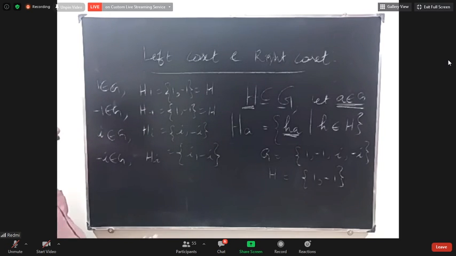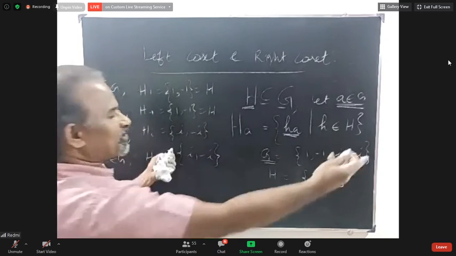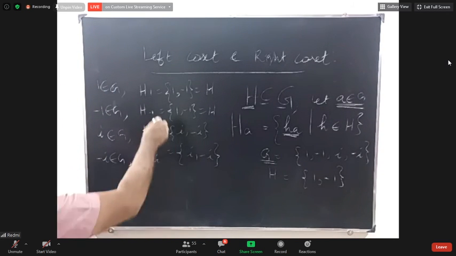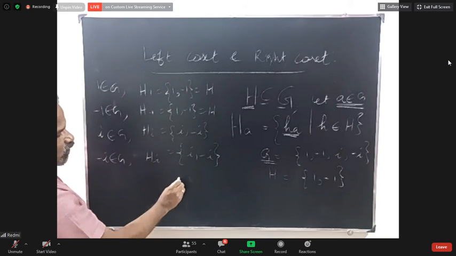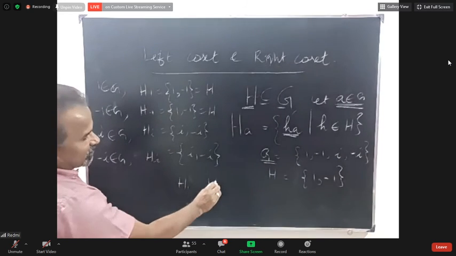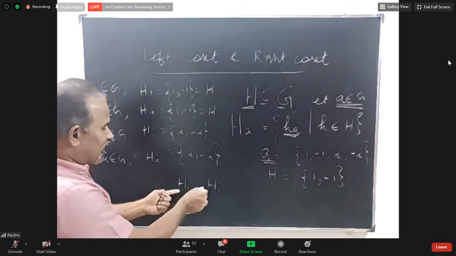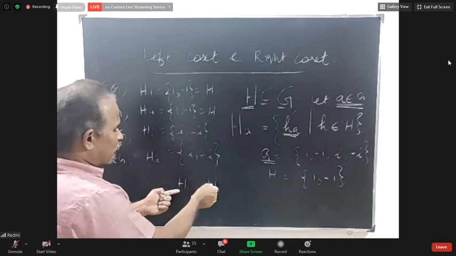Therefore this G can be partitioned. Partition is nothing but what? I can write H1 and Hi, the two distinct right cosets.